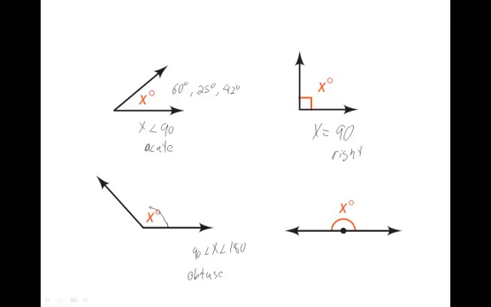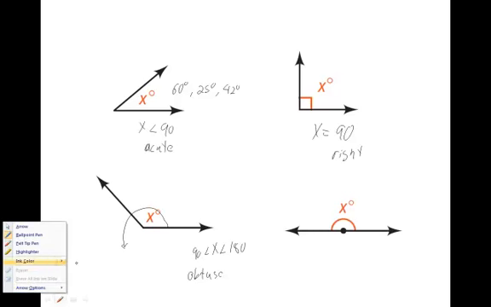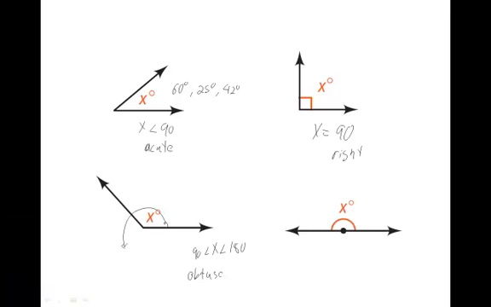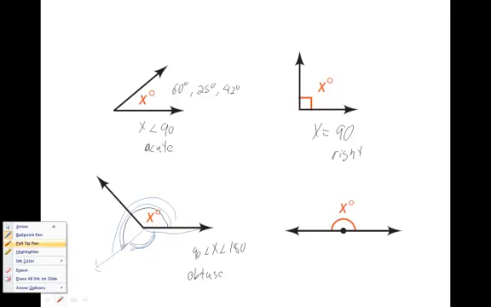Because say the angle goes all the way around the circle. If this goes all the way around, we wouldn't measure that. That would be the exterior part of this angle. If you're going bigger than 180, actually you'd measure this smaller part right here. You always measure the interior, the smallest part of the angle.